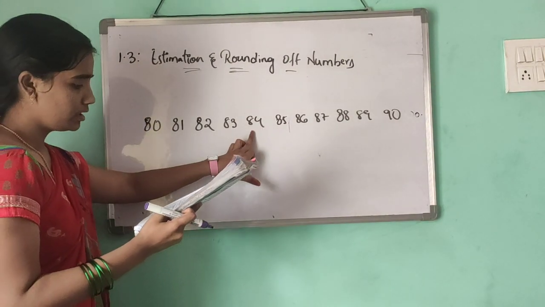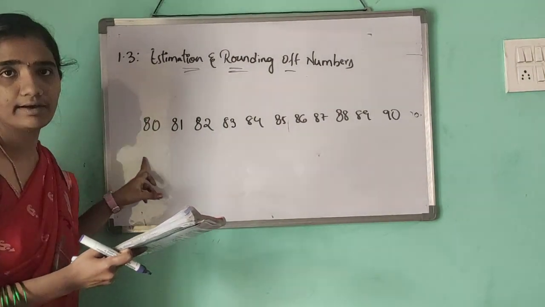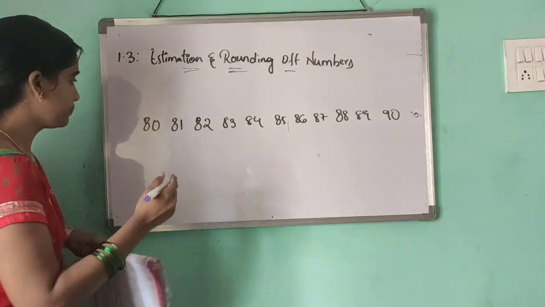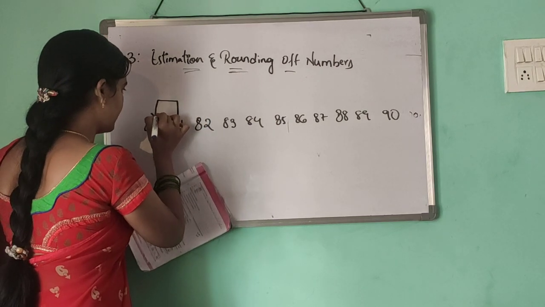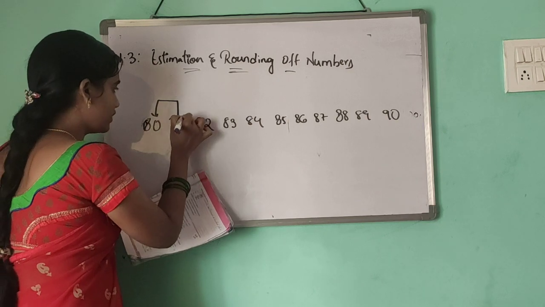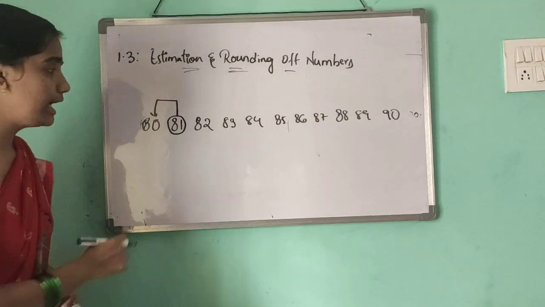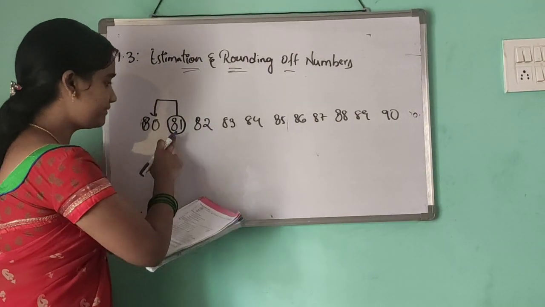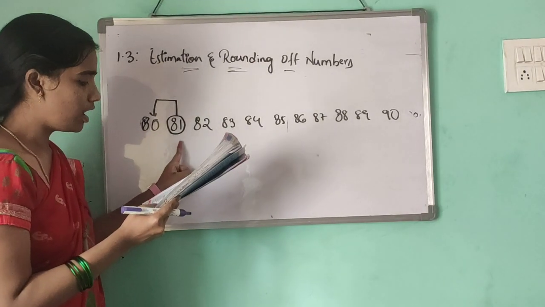Here, 81 is near to 80. Right? 81 is near to 80. So you have to round 81. What is the nearest to 81? 80 is the nearest. So 81 will be rounded to 80.